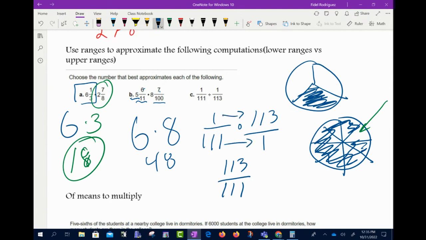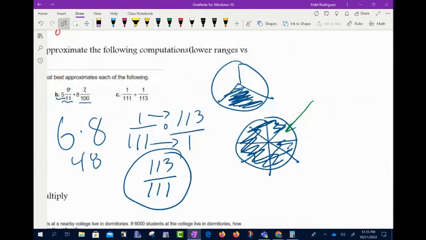Okay. Now, again, I want to estimate this thing here, right? So if I'm going to estimate this, y'all think about changing that to a mixed number. That would mean we're going to take 111 and divide it into 113. How many times would it go in? It's only going to go in one time, right? And what's my remainder? My remainder is 2.